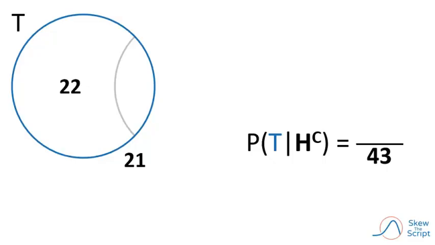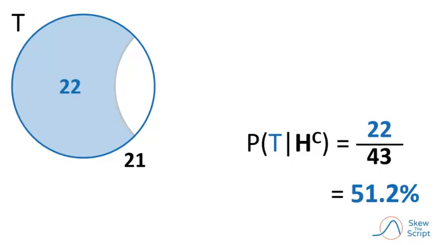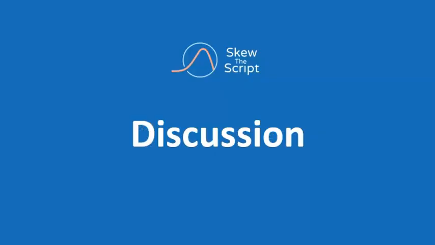That gives us a total of 43 profiles. And out of those 43 people, we want to know how many of them are tall. So out of those 43 people, 22 of them are inside of the tall circle. That's our new numerator. Dividing these numbers gives us a probability of 51.2%. So if you know that someone is not a high earner, there is a 51.2% chance that they will be tall.